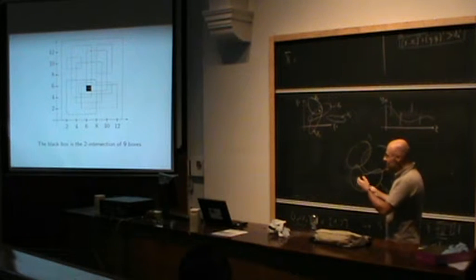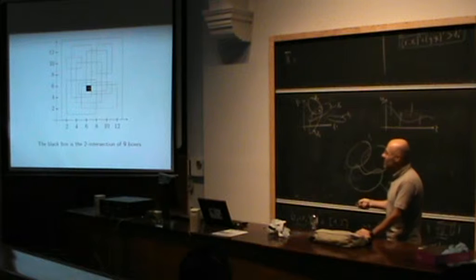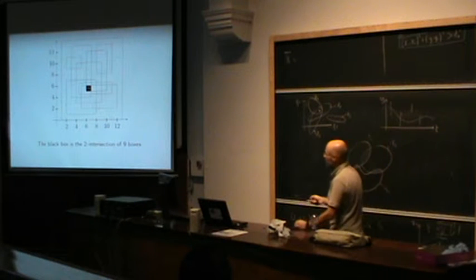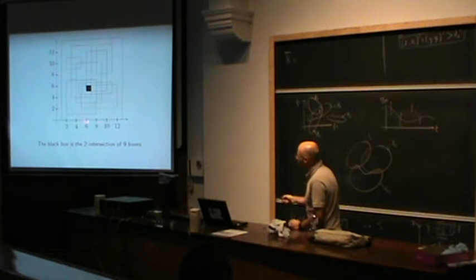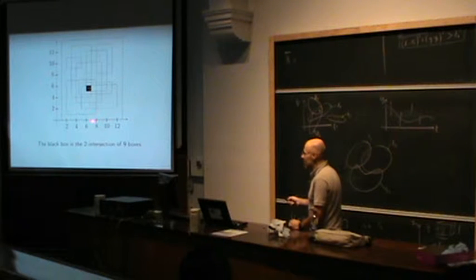It's not easy to see graphically, but the methodology is simple. You project all these 9 boxes and I will obtain 9 intervals. I will compute the relaxed intersection of the 9 intervals, in the x-axis, in the y-axis, and I will obtain 1 interval here, 1 interval here. The Cartesian product of the 2 intervals will give me the black box.